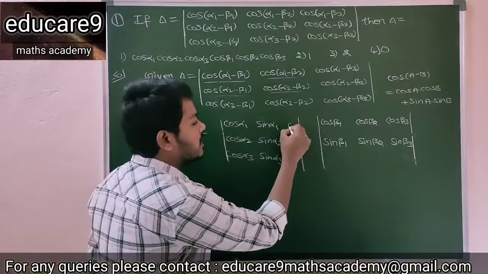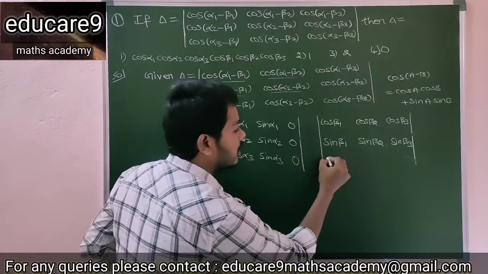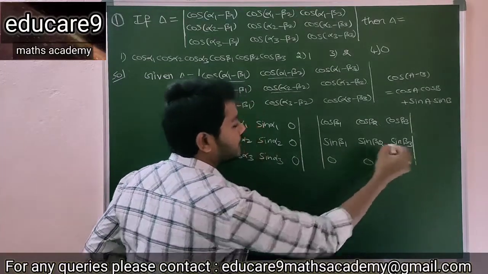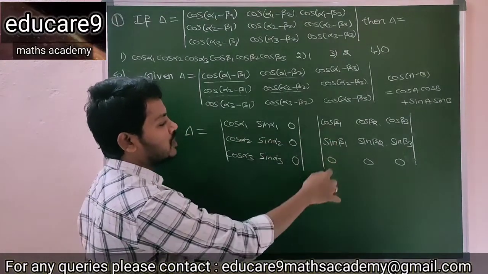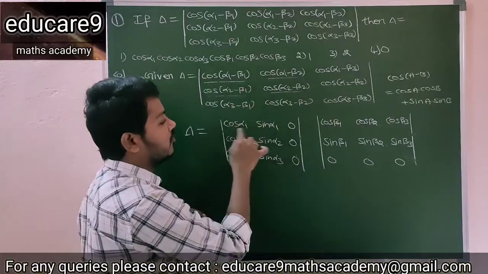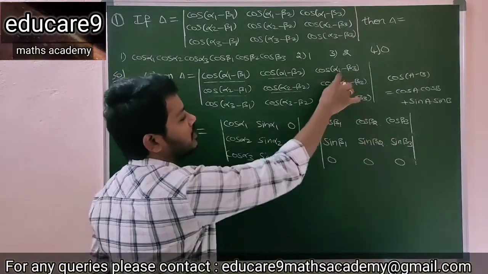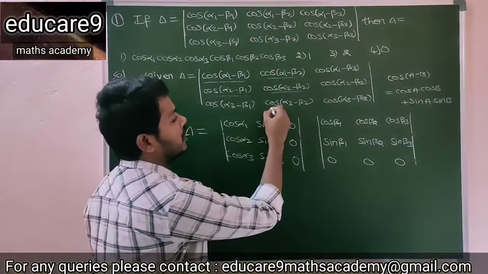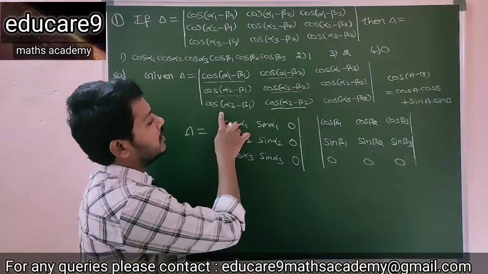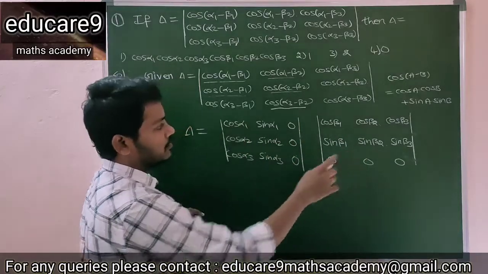And in these places, third column write as zeros, here third row write as zeros. Now see here, first row first column you will get this one, first row second column you will get this one, first row third column you will get this one. Next similarly, this one is the third row second column.